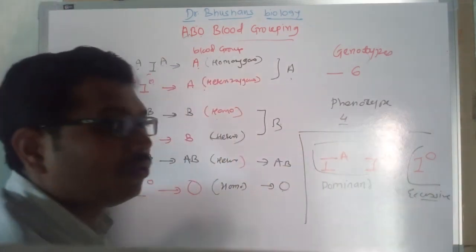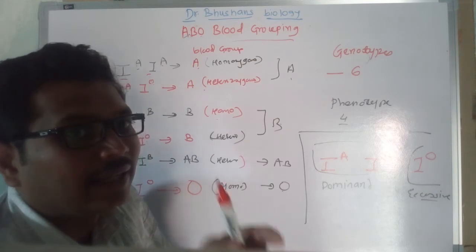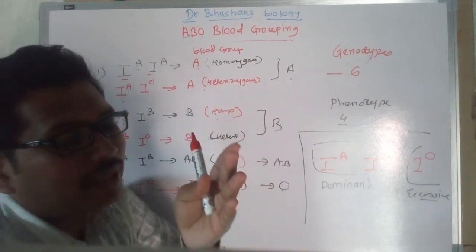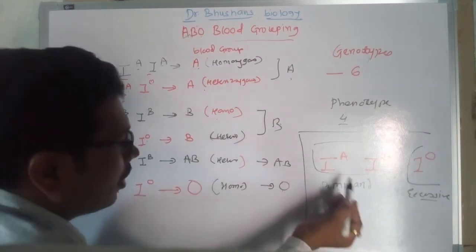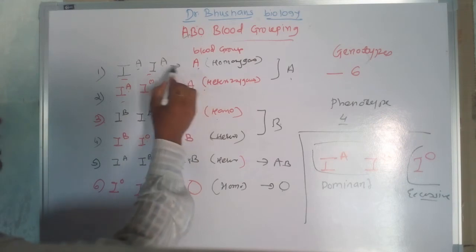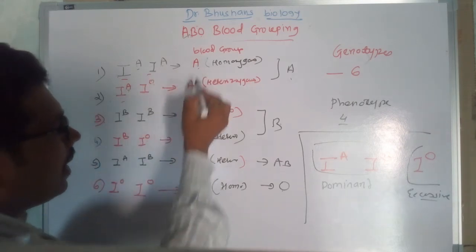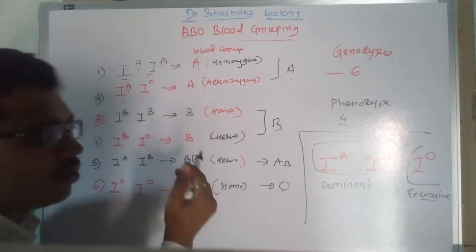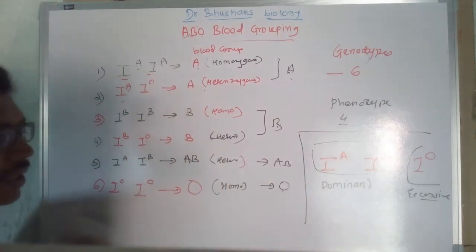Recessive is expressed only when there is an identical allele. We already saw this in Mendel's monohybrid cross. Due to this, only this type of allele expresses and shows dominance. So there are only 4 phenotypes in blood group: A, B, AB, O, and 6 different genotypes.